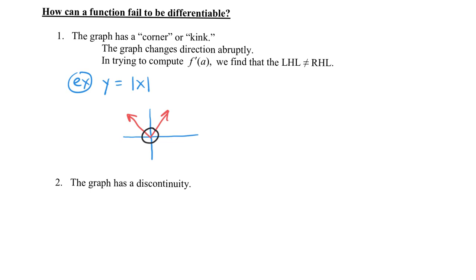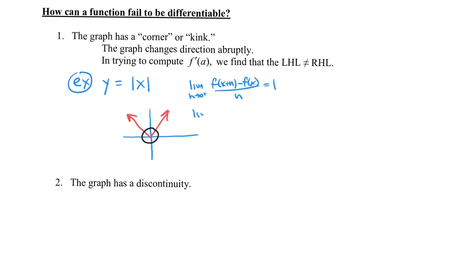So when you're trying to take the limit, let's do this. If I take the limit as h approaches 0 from the right of f of x plus h minus f of x all over h, as I'm approaching from the right, the limit of this is going to be 1.